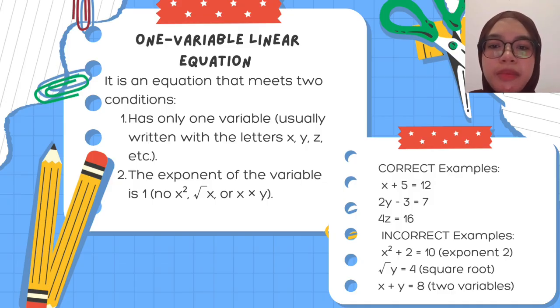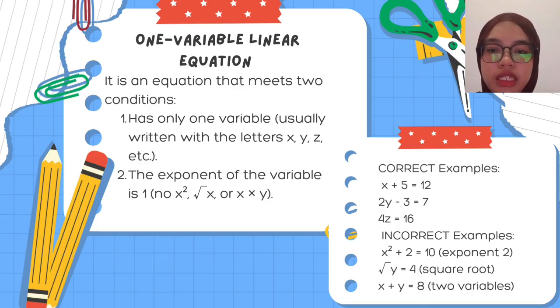The correct examples are x plus 5 equals 2, 2y minus 3 equals 7, and 4z equals 16.